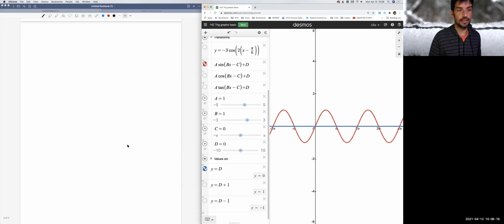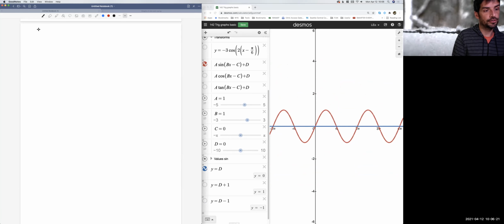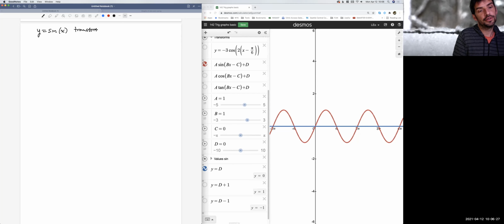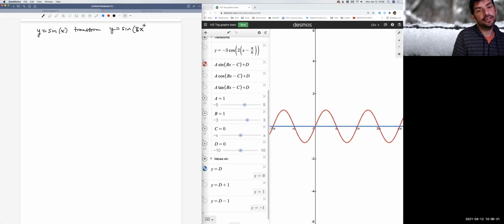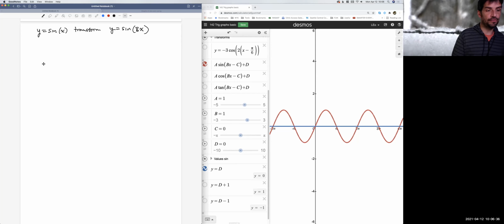All right, so let's spend a little more time on this one. If we start with y equals sine of x, and we transform to y equals sine of bx, let's see exactly what happens. So let's use the following example.